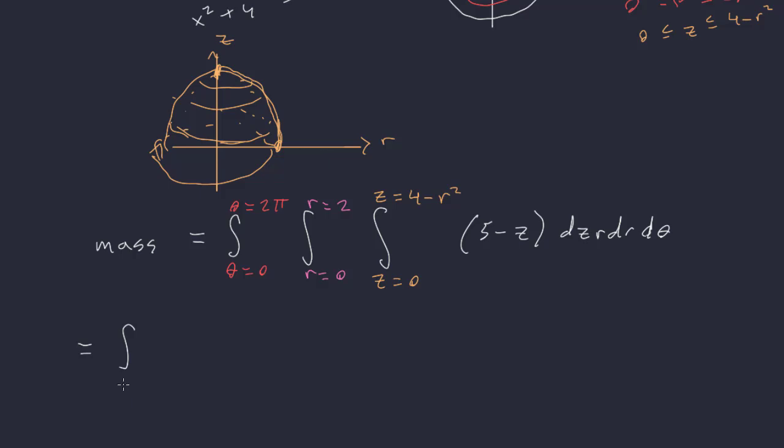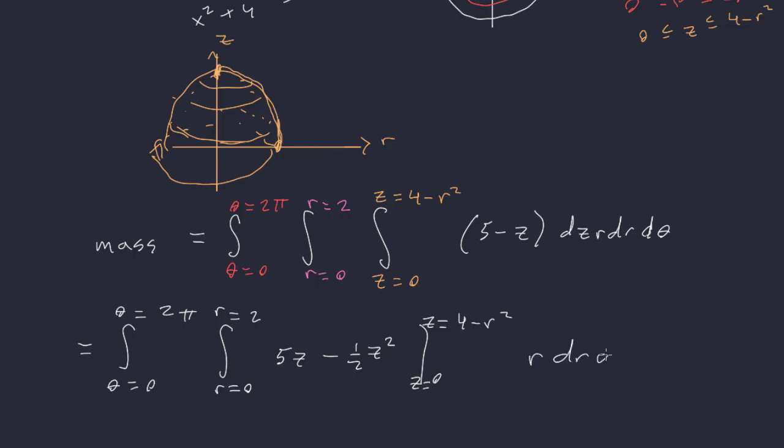but we can go through it quickly. We'll have theta equals 0 to 2 pi, r goes from 0 to 2, and then when we integrate this, we'll get 5z minus 1/2 z squared. And we'll be plugging in z equals 0 and z equals 4 minus r squared. Then we'll still have r dr d theta out here.